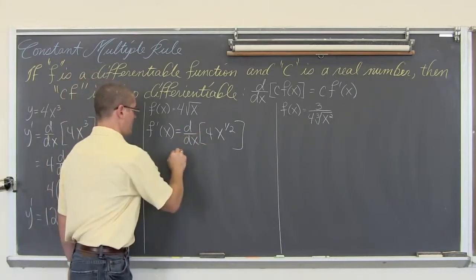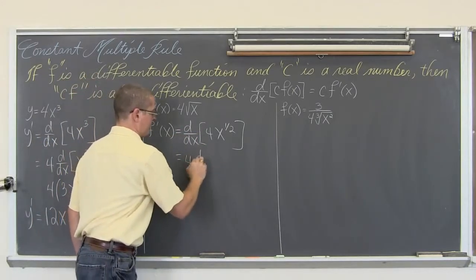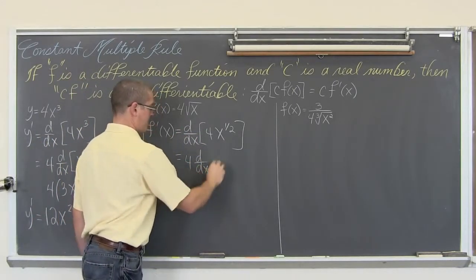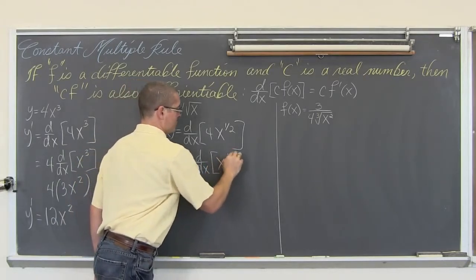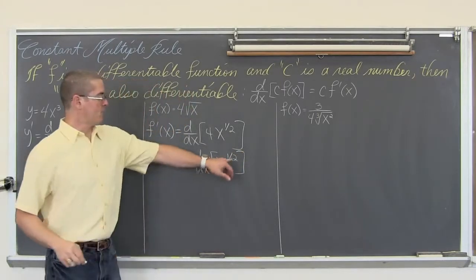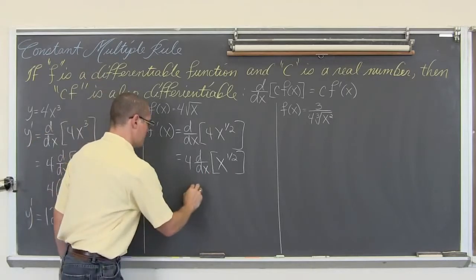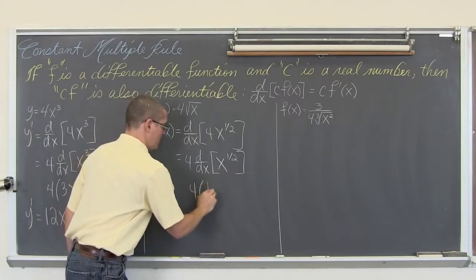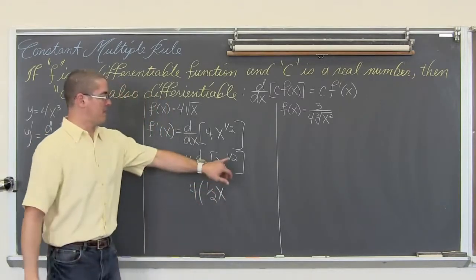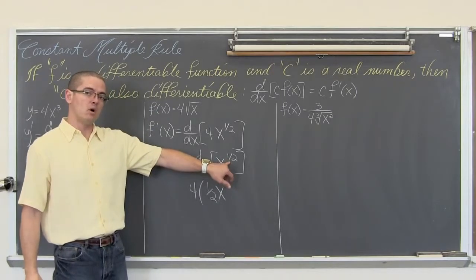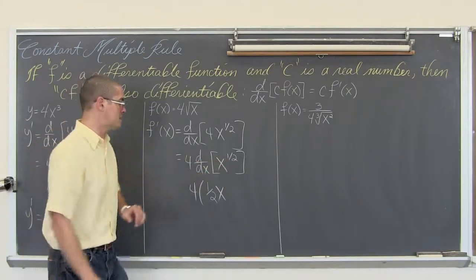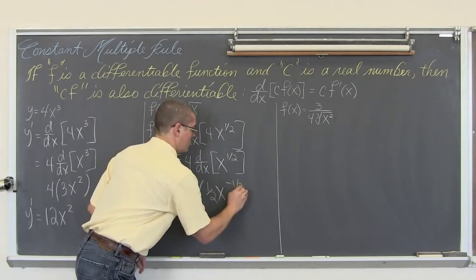Take the 4 out, and we get 4 times the derivative with respect to x of x to the 1/2 power. We can bring that 1/2 out and get 4 times 1/2 x, and when we do the power rule, we have to reduce the exponent by 1, so 1/2 minus 1 is negative 1/2.